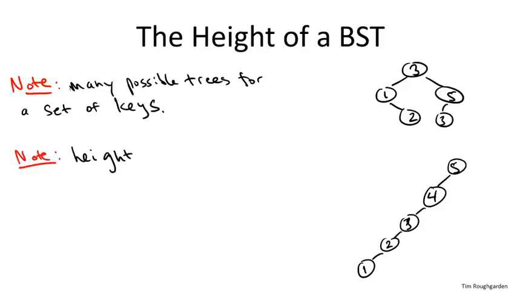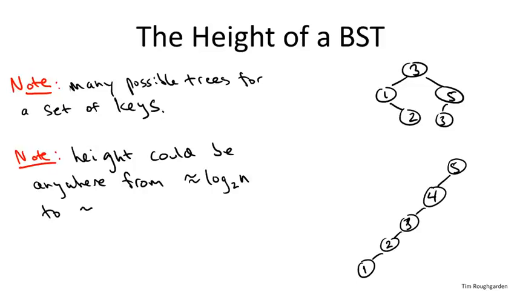So extrapolating from these two cartoon examples, we surmise that for a given set of n keys, search trees that contain these keys could vary in height anywhere from the best case scenario of a perfectly balanced binary tree, which is going to have logarithmic height, to the worst case of one of these linked list-like chains, which is going to be linear in the number of keys n.